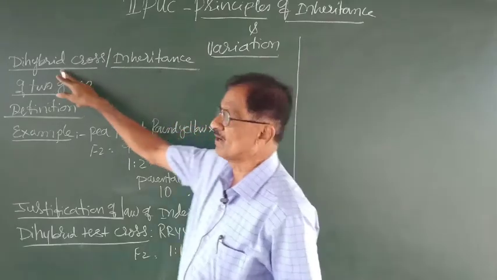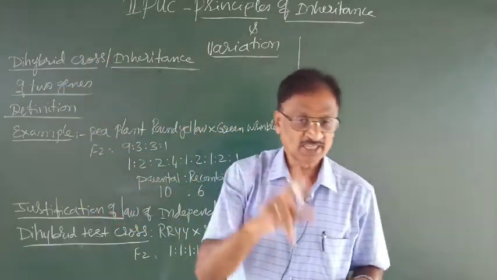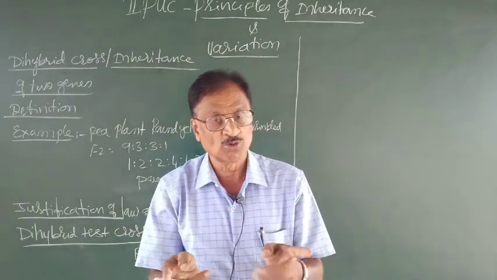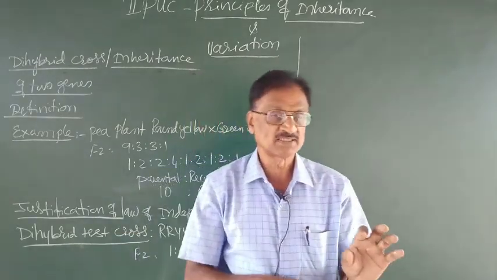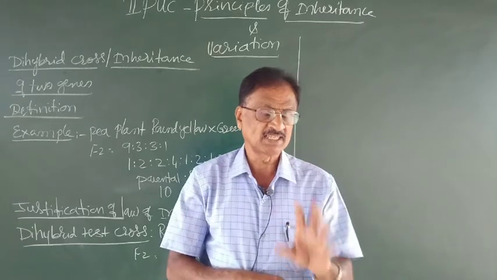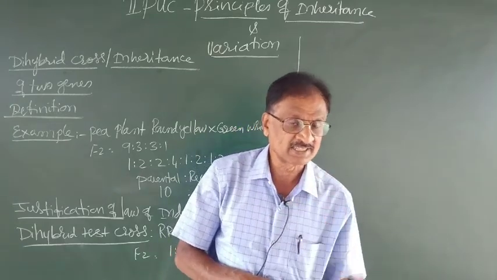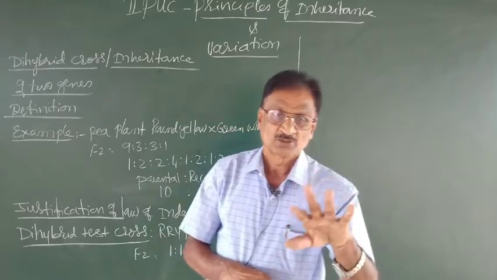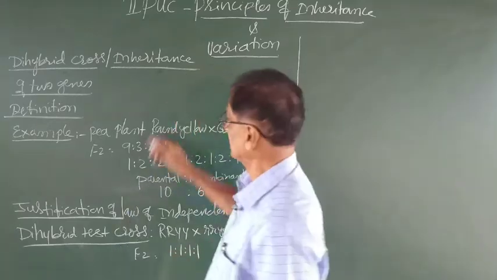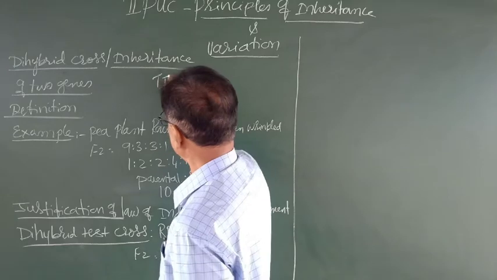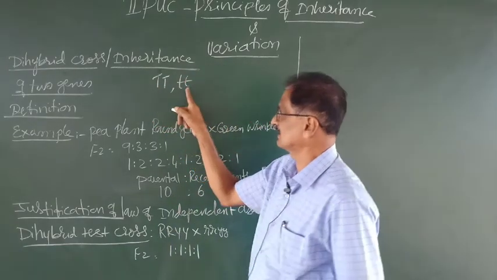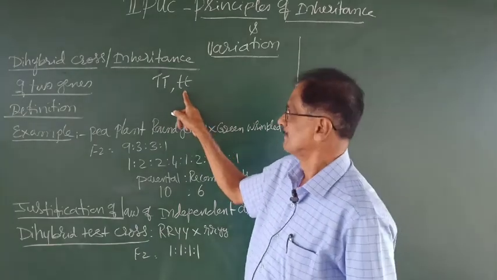Hybrid is nothing but a heterozygous individual obtained by a cross between two homozygous parents differing at least in one character. That is said to be a hybrid. So if you recollect, capital TT and small tt, this is for tallness and this is for dwarfness.